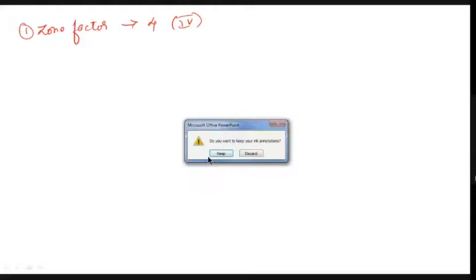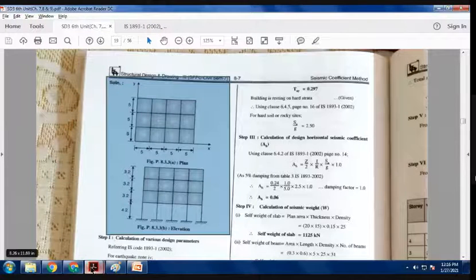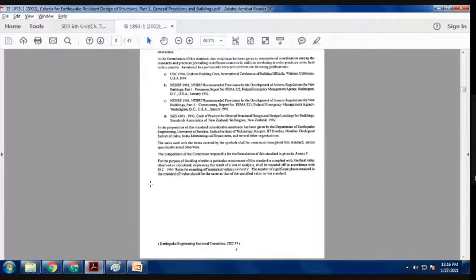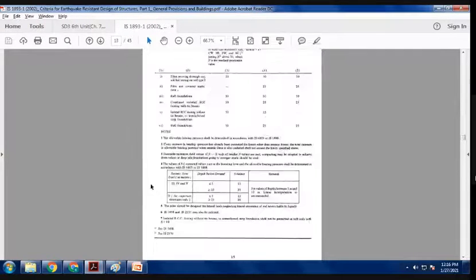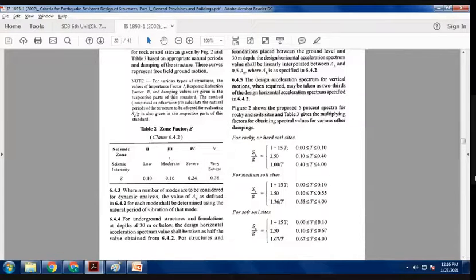The first thing is that we will calculate the zone factor. He says it is falling in which zone? Zone number 4. So go for the code book. Table number 2. Okay, here you can see zone factor.